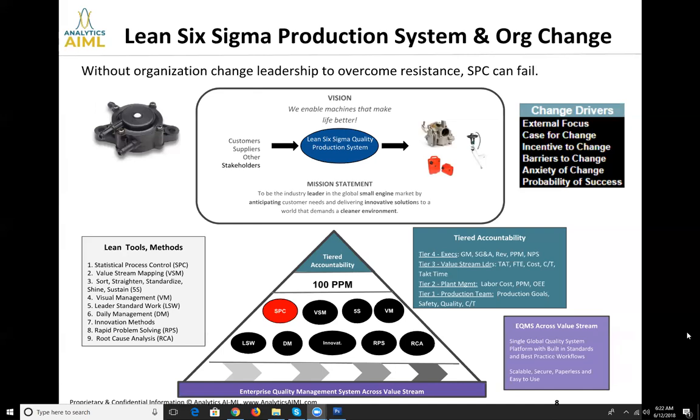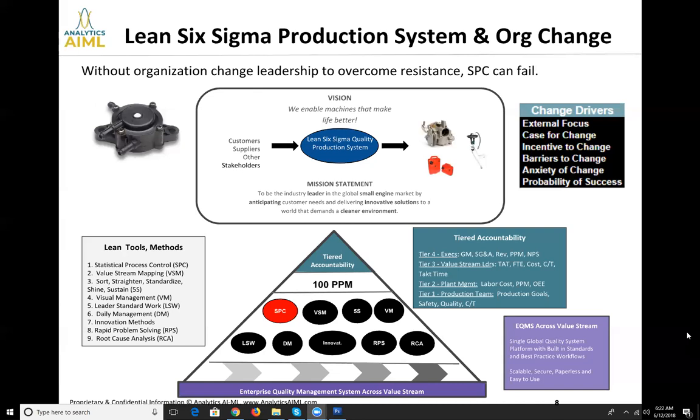If certain people are resisting, particularly in top management and other parts of the organization, you'll have to make a tough decision about whether to keep them on board or invite them to go to another organization. Then there's anxiety of change. You need to overcome the fear and anxiety that always accompanies change, and the resistance associated with friction because of that anxiety. With those things, we can predict our probability of success.